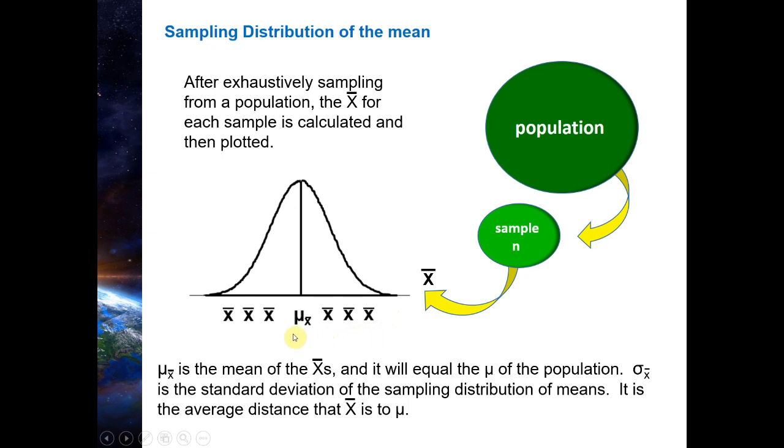And when we average them all out, when we calculate the mean of all these x bars, in other words, mu sub x bar, this is going to just be equal to mu, the mean of the population. That's also very important. I would write that down, okay? So the mean of all these means is simply going to be the mean of the population, mu.